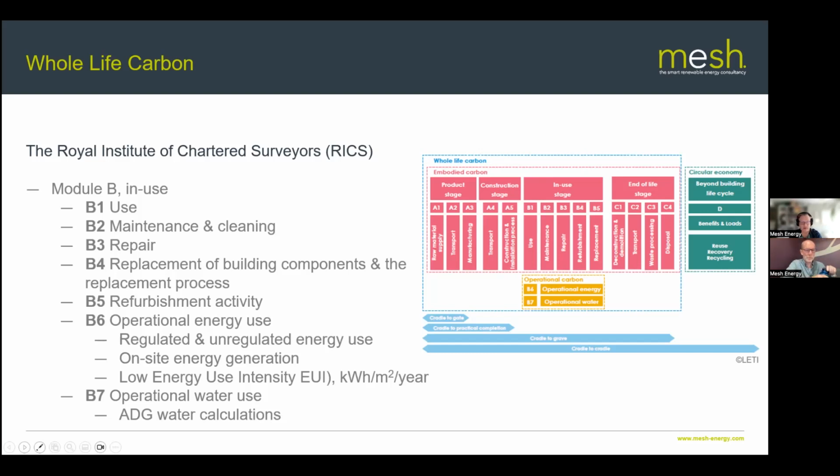And this is something we do on a regular basis. And then we have operational water use as well. This is based on Approved Document G water calculations, because electricity is used in the production of potable tap water. So it's important to understand the volumes of water that are being consumed by a project each year as well.